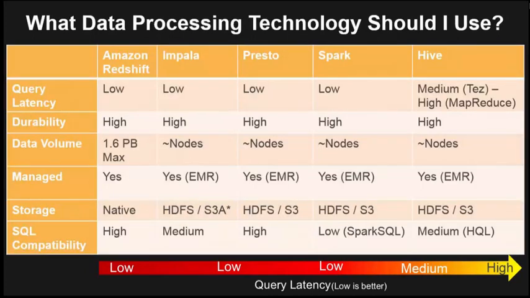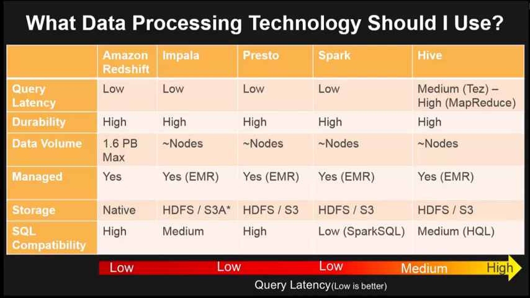Similarly, what data processing technology should you use? On the left side, Amazon Redshift is a petabyte scale, fully managed data warehouse. It has very high SQL compatibility. It's fully managed, so it tends to be a great choice for many customer workloads. But other customers are using, for example, Presto. If you want to leave the data in S3 and run a Presto cluster on top of Elastic MapReduce to deal with running your monthly reports or weekly reports and other SQL style queries for interactive analytics, that tends to be a great solution these days as well.